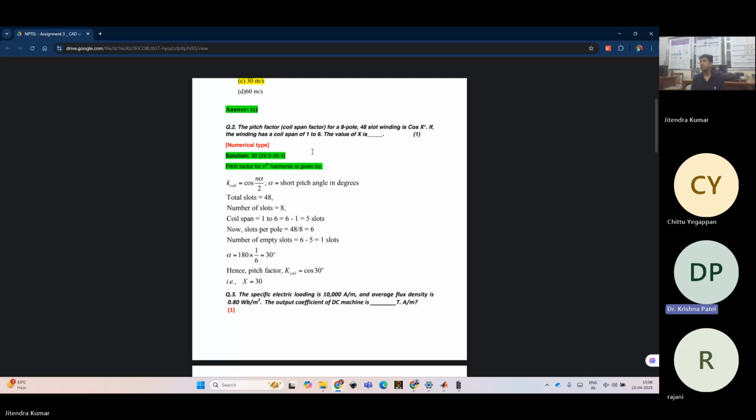The equation is cos n alpha by 2. Yes, yes, you are correct. So here it is.